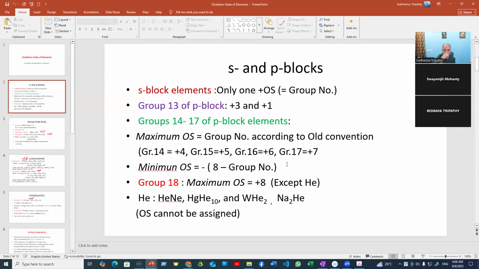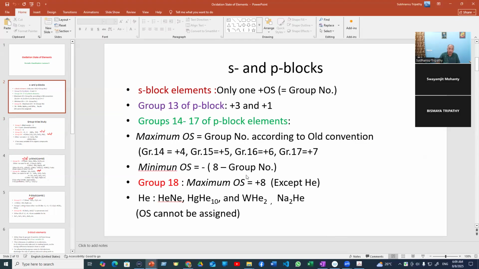Others can go up to plus 8. Helium compounds have also been synthesized, like helium neonide, mercury halide, tungsten halide, sodium halide. So helium compounds have been synthesized, but oxidation number for such compounds cannot be assigned.